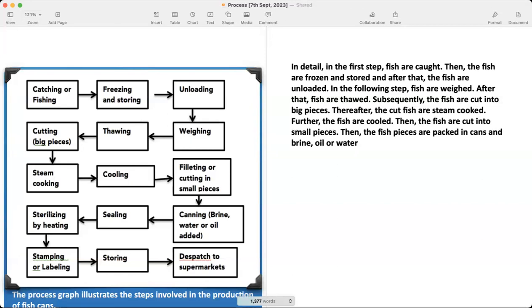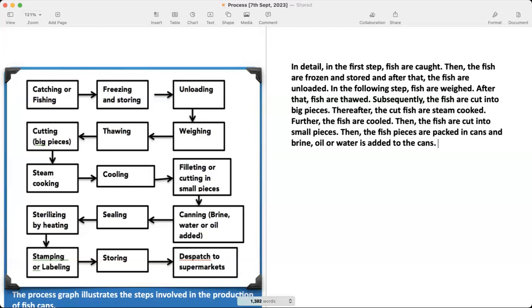It's either brine or oil or water. Does anyone know what brine is? Anyone? What is brine? No one? Yes, Priya, you're right. Brine is salted water. Okay, brine is added to the cans.